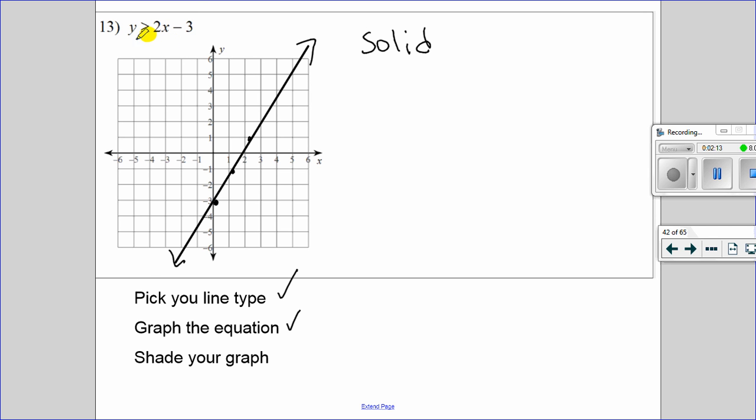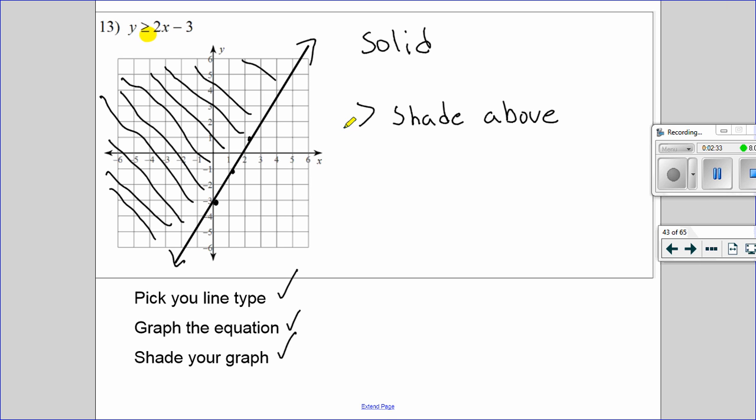So I take this expression here and graph the equation using that solid line. Step 3, I want to go ahead and shade it. Since it is greater than, I'm going to shade above my line.